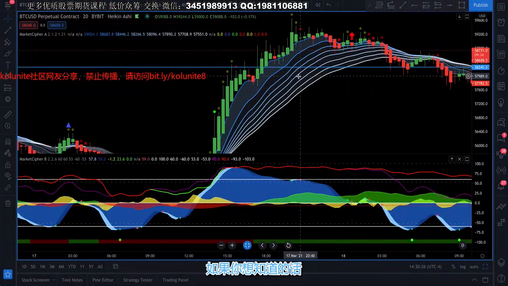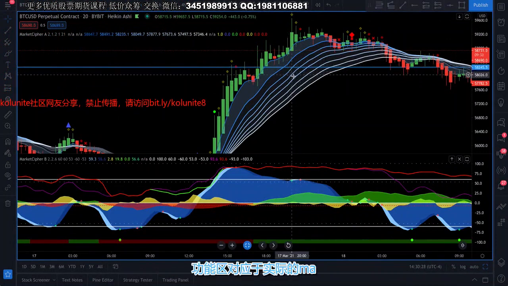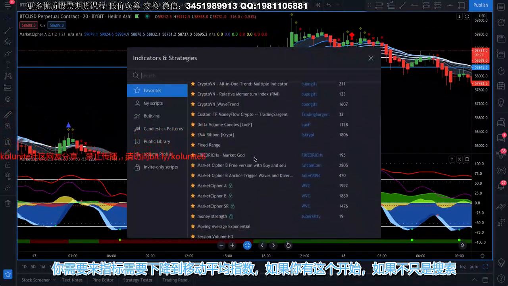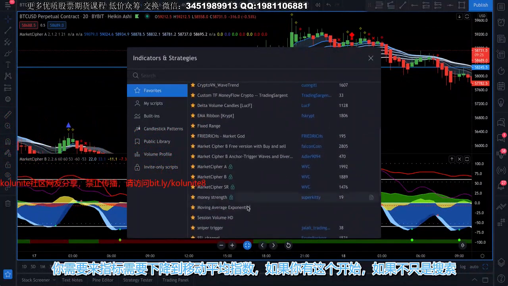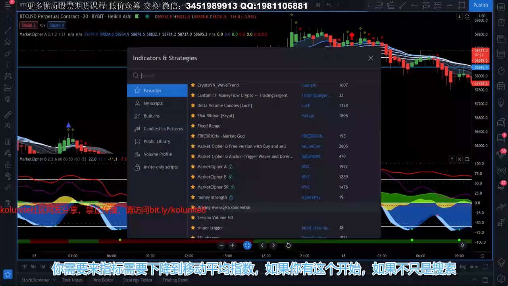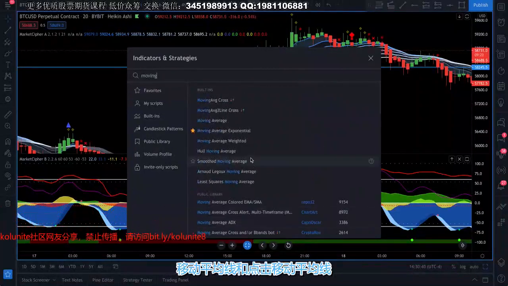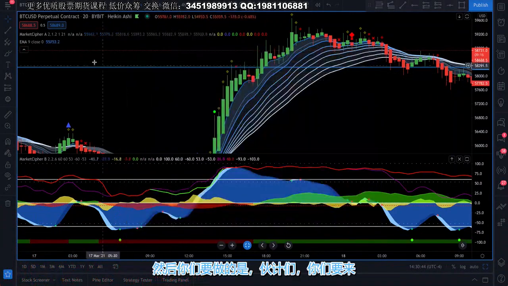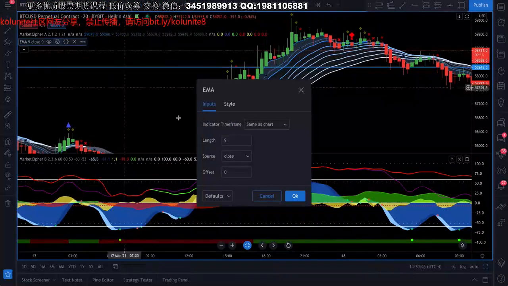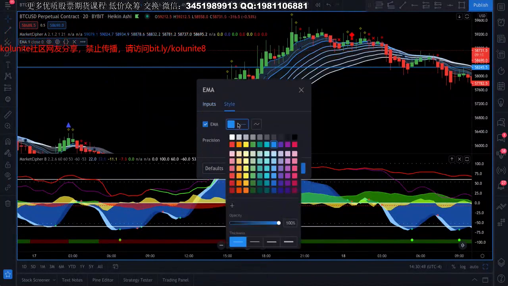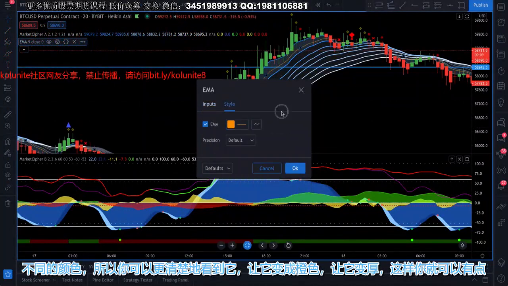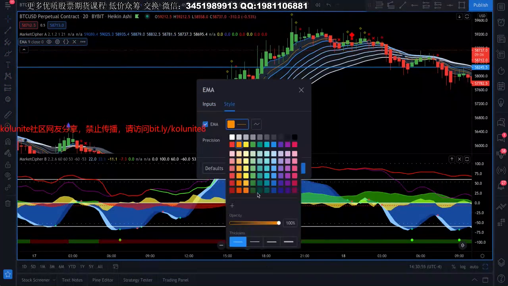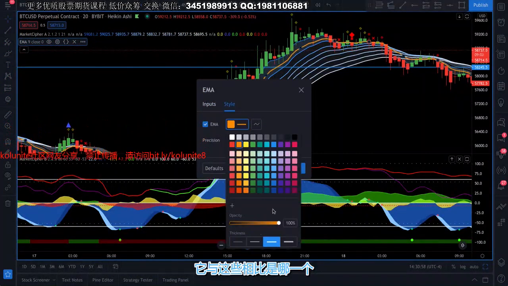If you want to find out which ribbon corresponds to an actual EMA, you need to come to indicators. You need to come down to moving average exponential if you have that starred. If not, just search for moving average and click moving average exponential. And then what you're going to do, guys, is you are going to come over here, make the style a different color so you can see it more clearly, make it orange, and make it thick so you can kind of tell which one it is compared to these others.